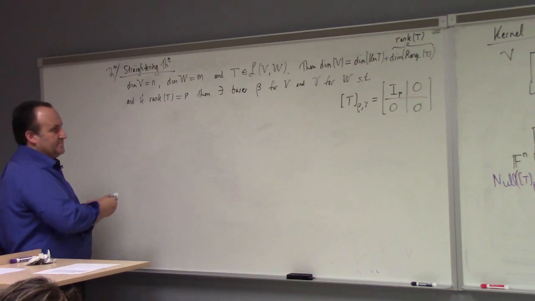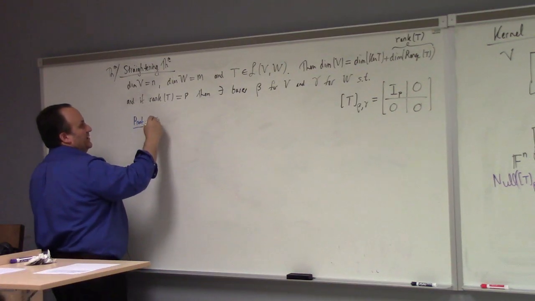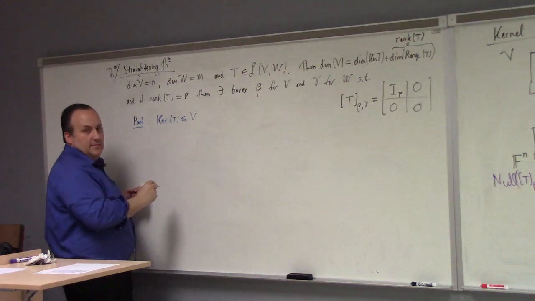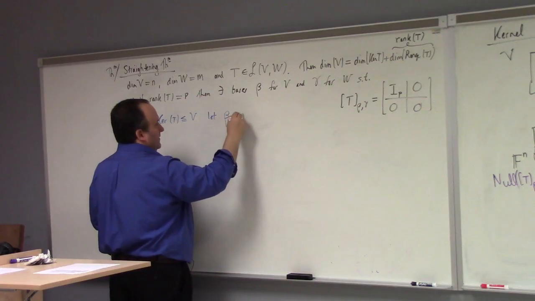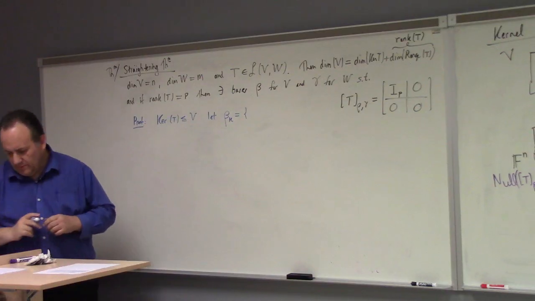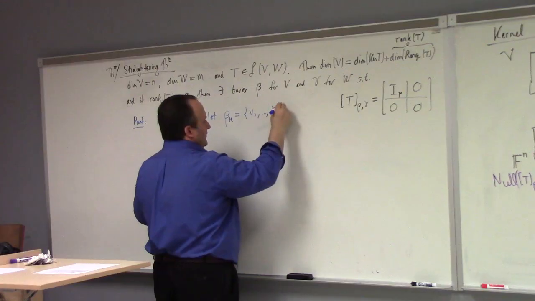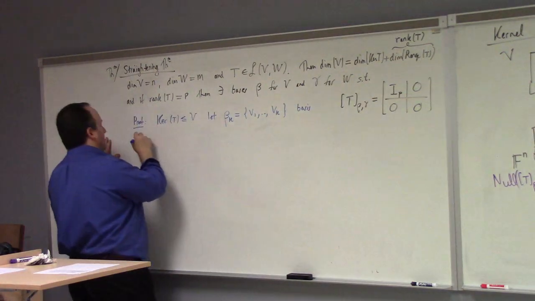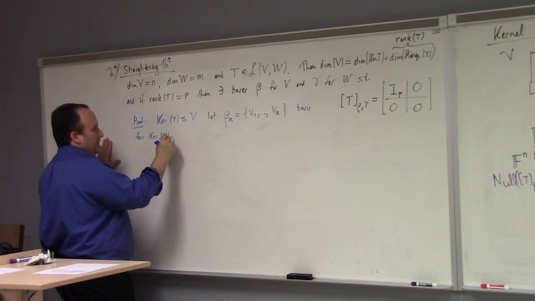And so the proof goes like this. You notice that the kernel of T is a subspace of V. And let beta sub k be the basis for the kernel. We'll call these vectors v1 through vk. So let this be a basis for the kernel, right?